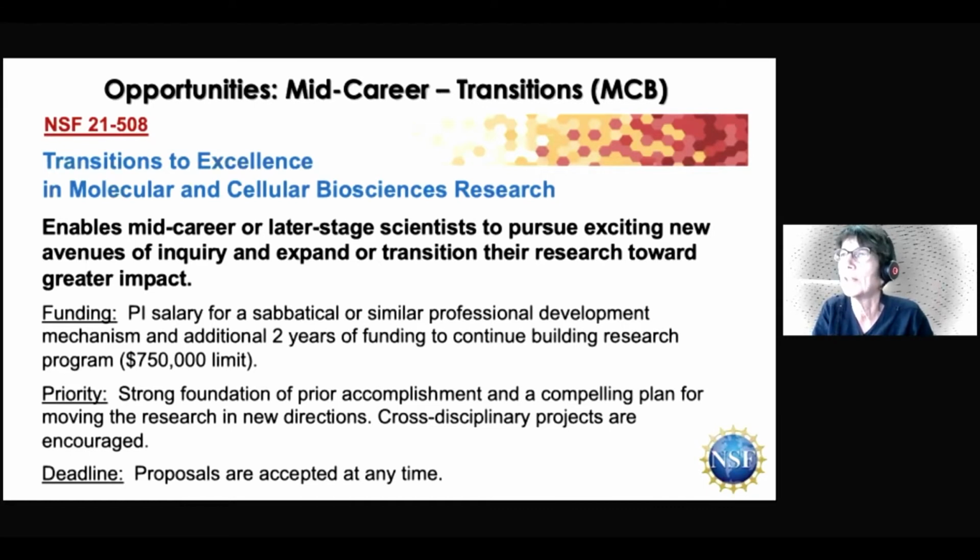The hope of this type of mechanism is that it will aid PIs in crossing disciplinary boundaries and encourage interdisciplinary research. Again, these are the standard MCB, no deadline proposals, and we consider these all year round.